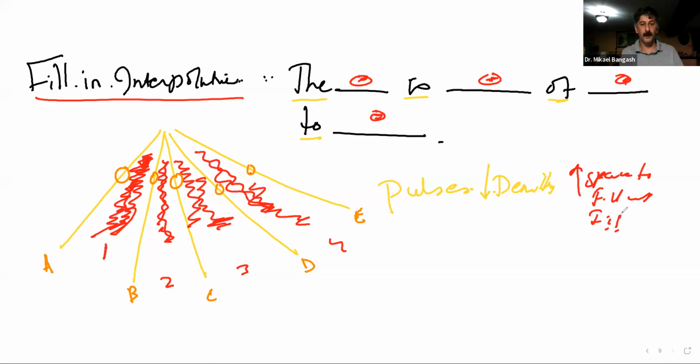Now, what do we know this lesser pulse density will lead to? It will lead to a poor axial resolution.